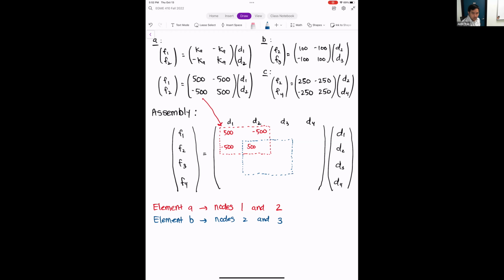The area of the global stiffness system is going to be exactly that, and we're going to add in all the entries. For element B, we have 100, minus 100, minus 100, 100. Then remember, whenever we overlap, we add the entries together. So we have 500 plus 100 on that overlap.